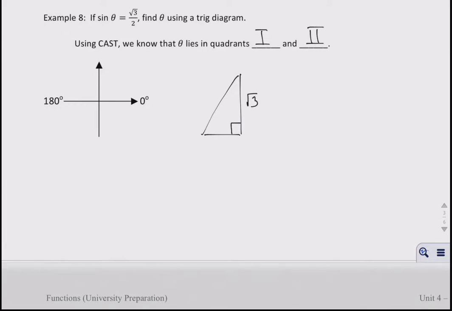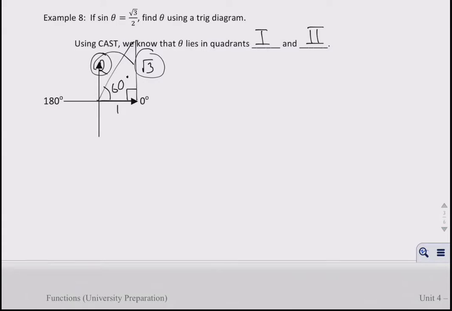I have my root 3, 1, and 2. I'm going to take this triangle, bring it into my plane, superimpose it onto my graph. There we go. And root 3 over 2, well, that's just opposite over hypotenuse, which is here. Therefore, my angle is 60 degrees for my first one in quadrant 1.